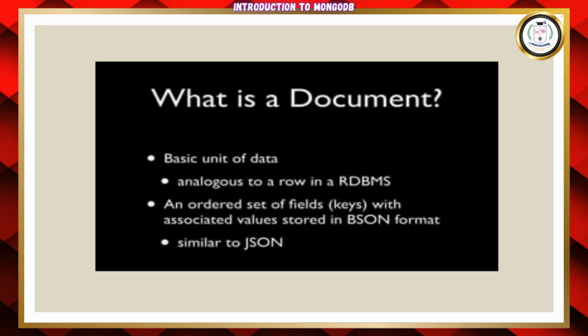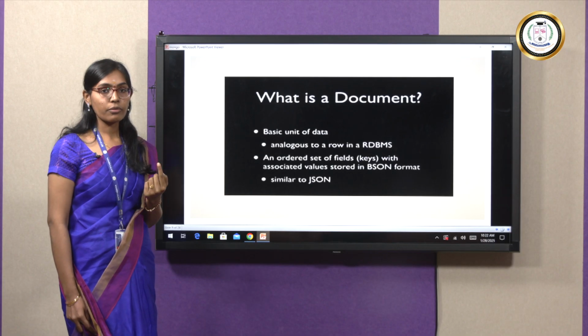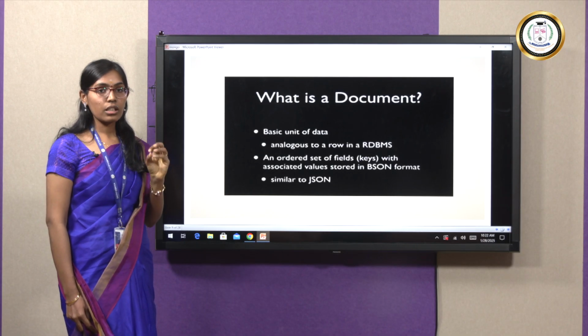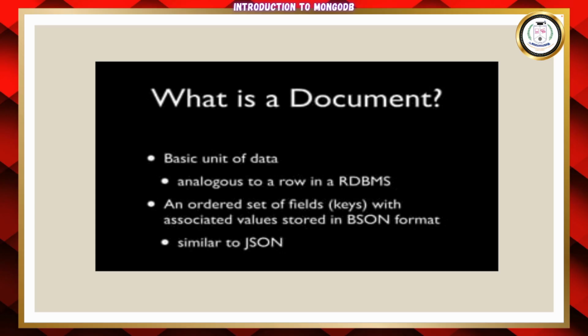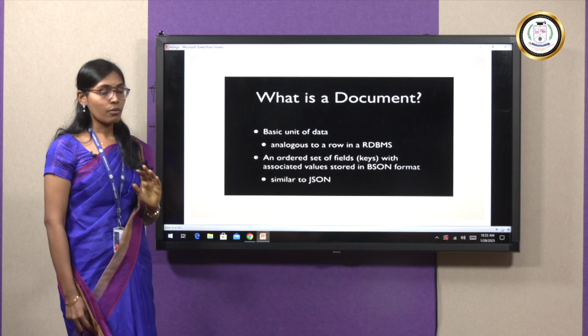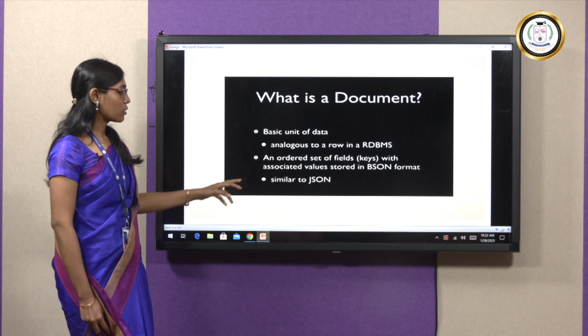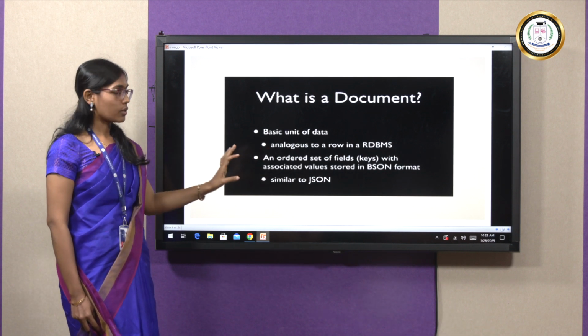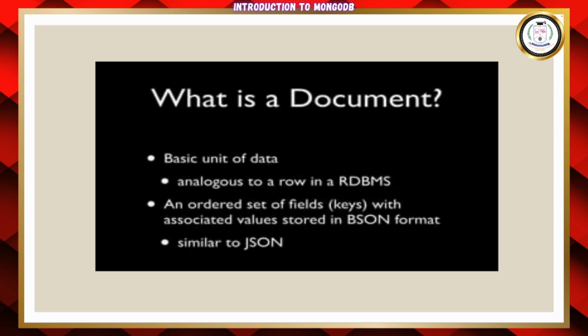Each and every document consists of one field called a key, an identifier, and using that we will identify what kind of document it is. The entire thing will be stored in BSON format, that is binary JSON, similar to JavaScript Object Notation. So this is what the actual document is.